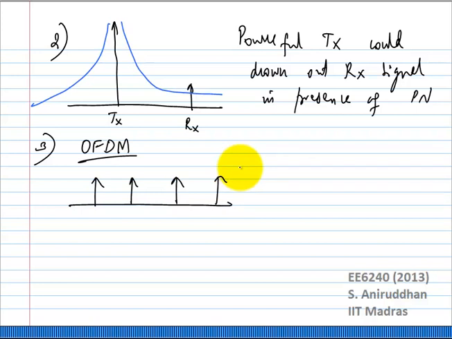The minute you add phase noise, all of these start to get mixed up. So you get some subcarrier interference inside OFDM, and that could completely destroy the signal that you are trying to transmit or receive. So all of these effects are possible only in the presence of phase noise.